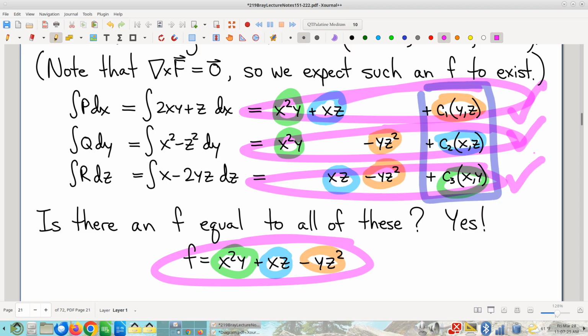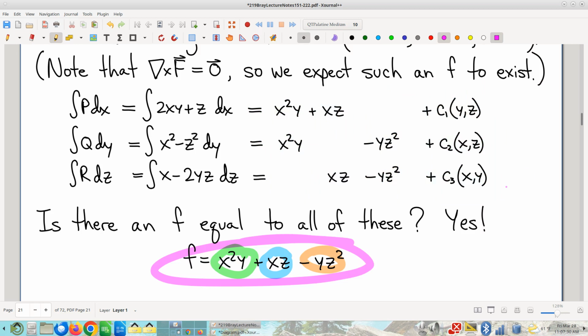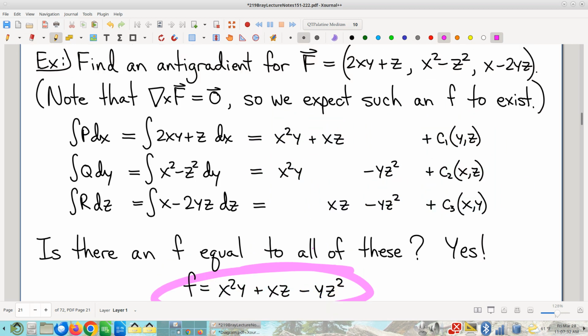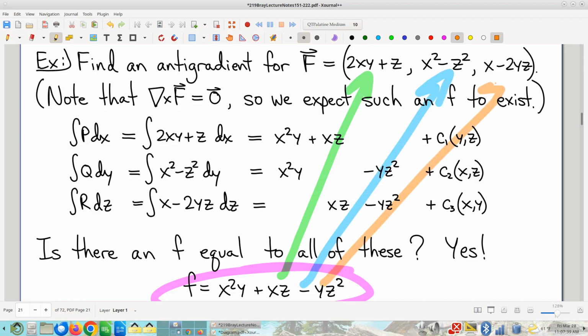And that is my anti-gradient. And a healthy little exercise, and again, this is a very, very quick thing to do. Check it. X partial, Y partial, Z partial is what it's supposed to be.